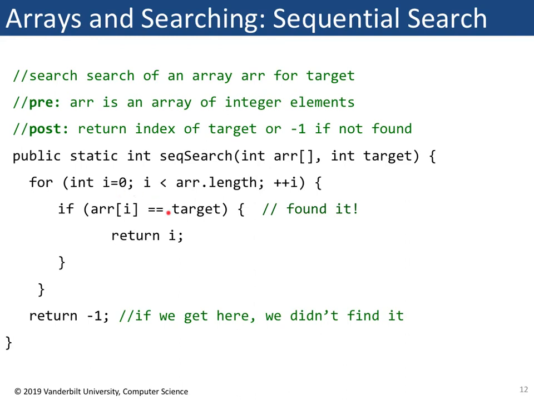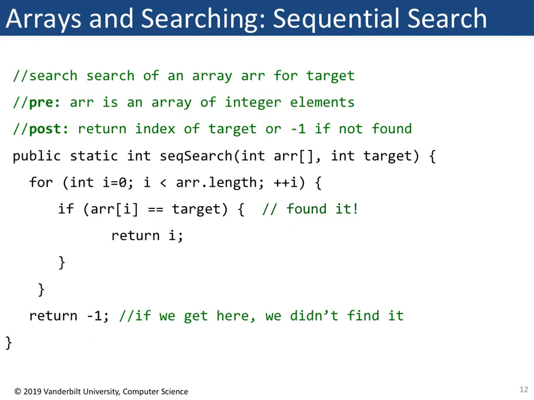If, after searching through this array, we have not found it, so after this for loop completes, and we haven't returned a value, we'll return -1, which means the target that you passed does not exist in the array.